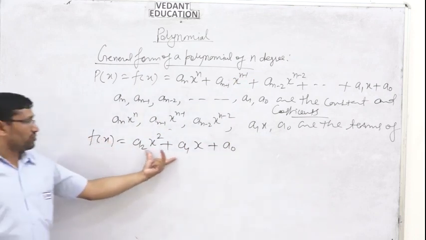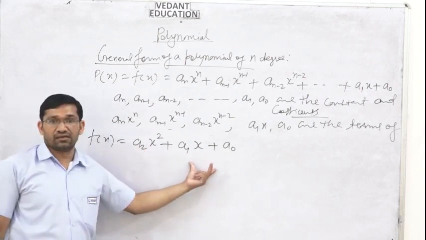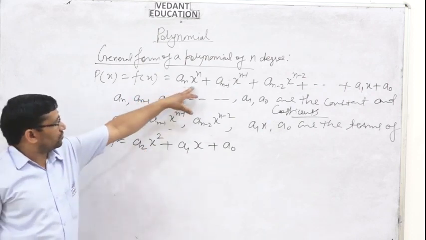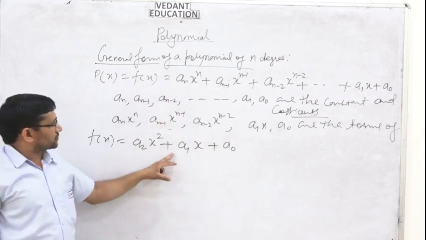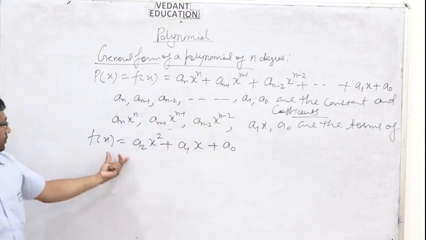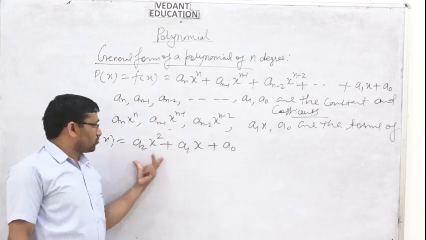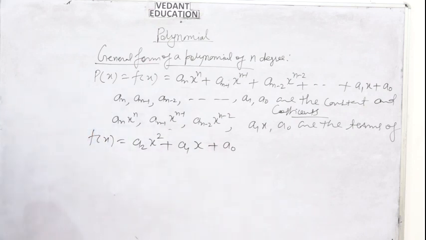So this is the polynomial which has degree 2. Again this has 3 terms. If we put n is equal to 2, then we get a polynomial of degree 2: a2x square plus a1x plus lastly a0. So for this there are 2 terms which have variable x and 1 term is a constant term.